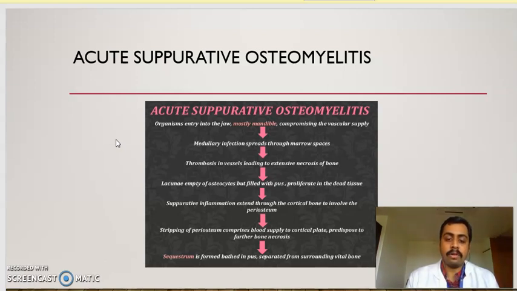Lacunae empty of osteocytes but filled with pus proliferate in the dead tissue. Suppurative inflammation extends through the cortical bone to involve the periosteum. Stripping of the periosteum compromises blood supply to the cortical plate, predisposing to further bone necrosis. Sequestrum, a dead bone formation, is found bathed in pus, separated from surrounding vital bone.